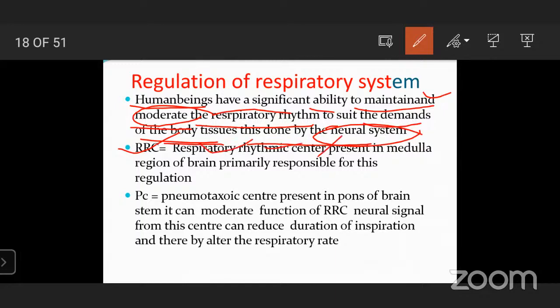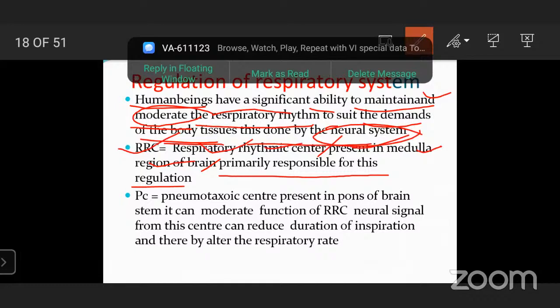So in the regulation, the RRC, or respiratory rhythmic center, is present in the medulla region of the brain. It is primarily responsible for this regulation. A very important point.